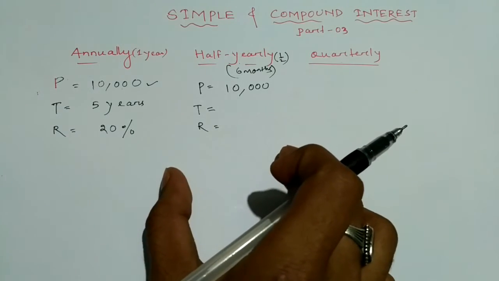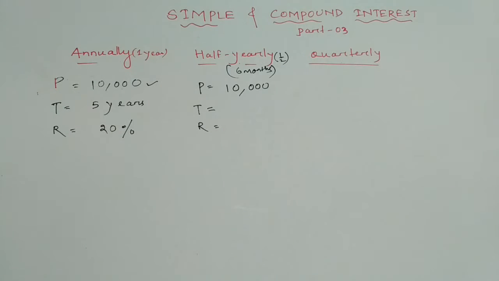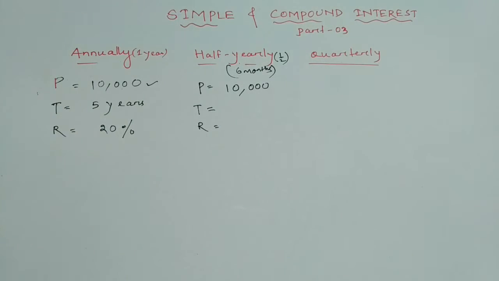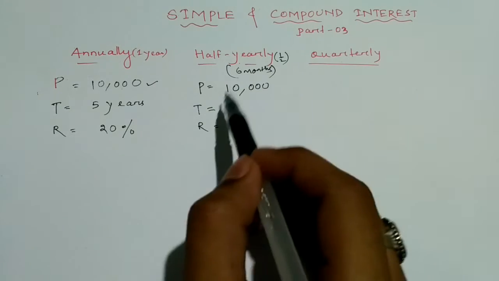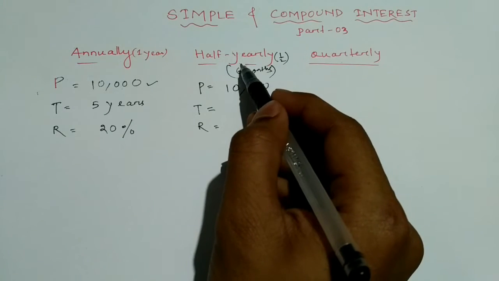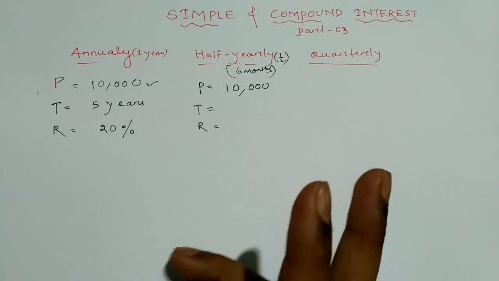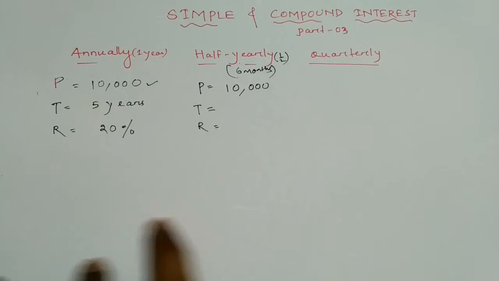When we have to count half yearly, the time period and rate of interest will be different. So friends, remember, if the time period is 5 years for annually, then as we know, 1 year has how much? 1 year has two half yearlies, that is 6 months and 6 months.